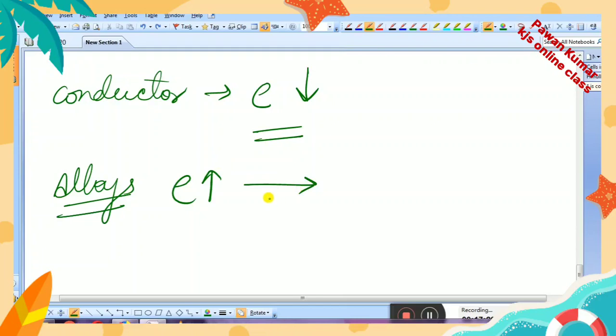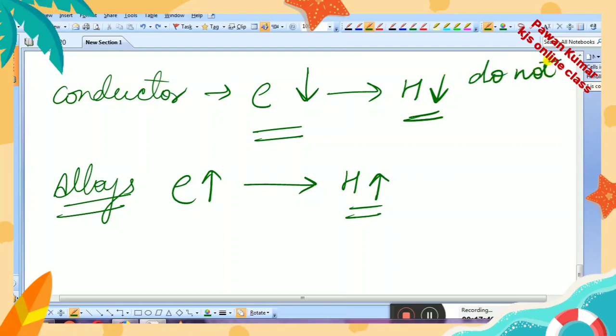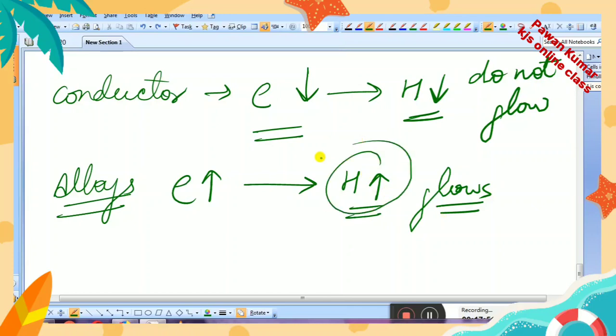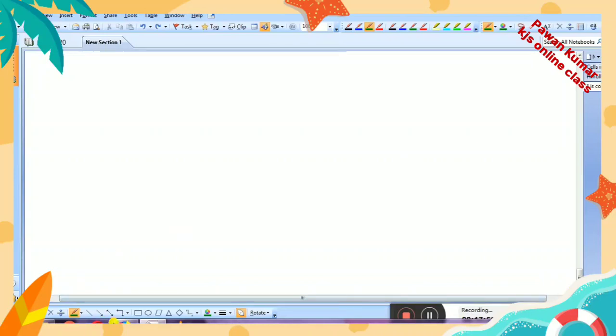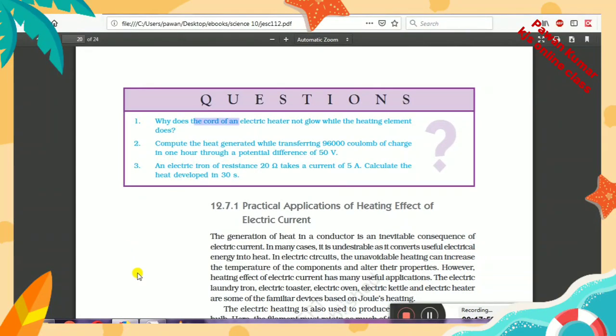Because alloys have high resistivity, the heat produced is more, and their conductivity is low. So the cord, which is made up of conductor, produces very little heat. Due to less heat, it does not glow, while the heating element, made up of alloy, glows because more heat is produced due to high resistivity. So the main reason behind this was resistivity only. Resistivity we already studied.